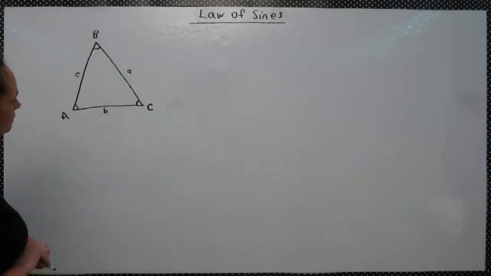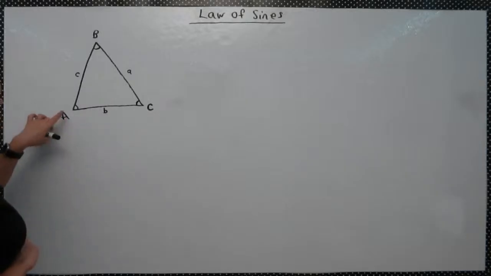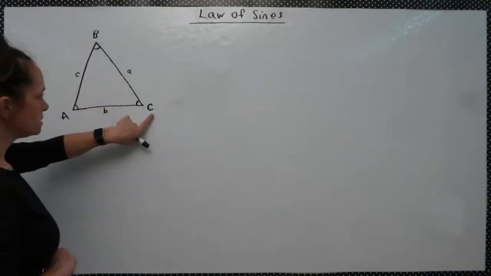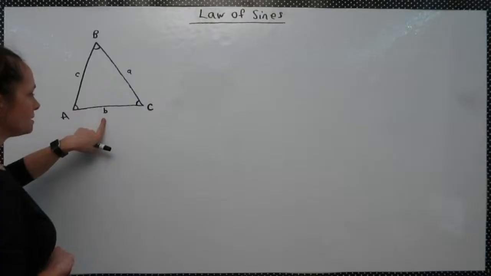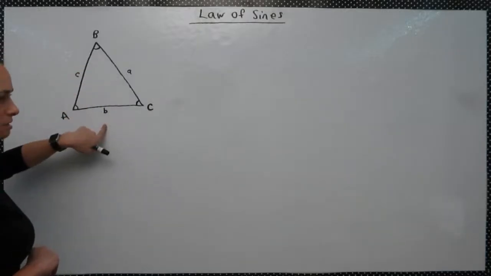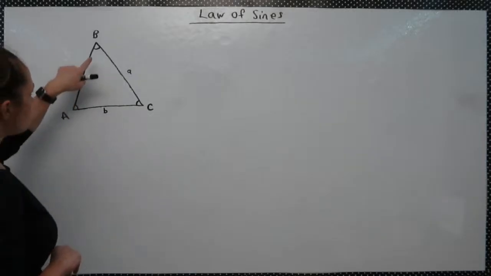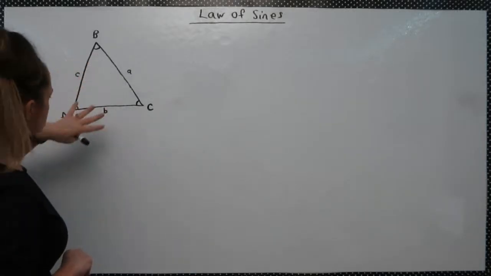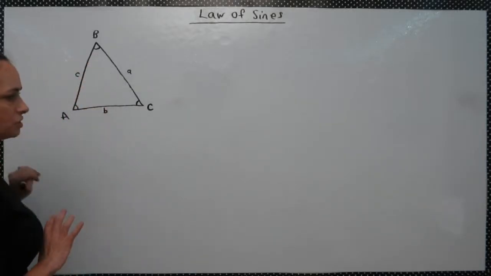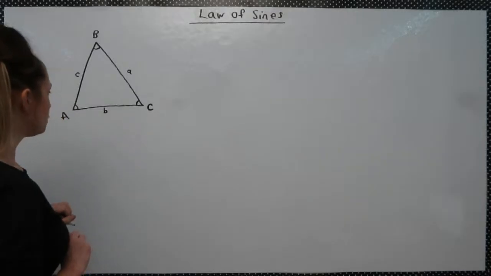But here we have law of sines, and if you have a triangle, remember your vertices are capitals, and your side lengths are the lower cases opposite. So little b is the side length opposite to angle B, and that's the gist of the triangle.